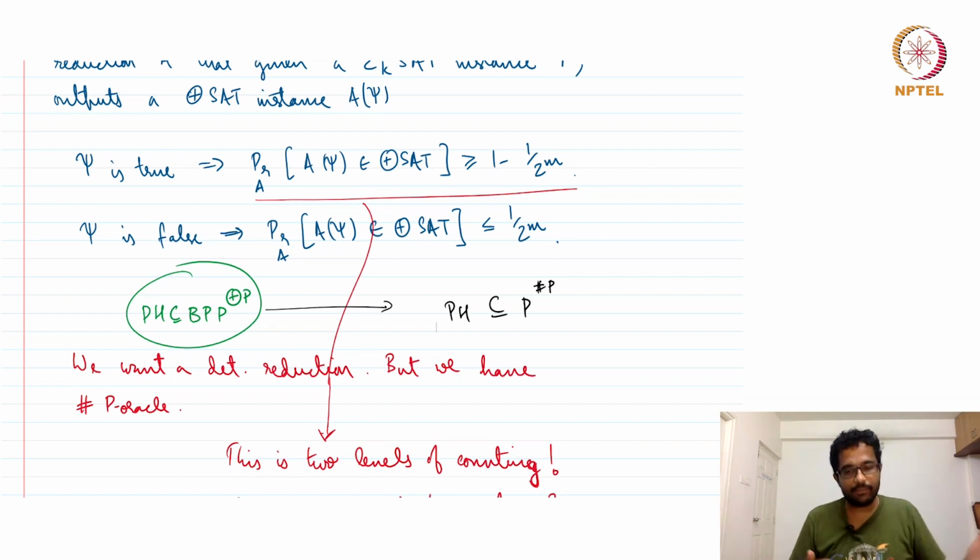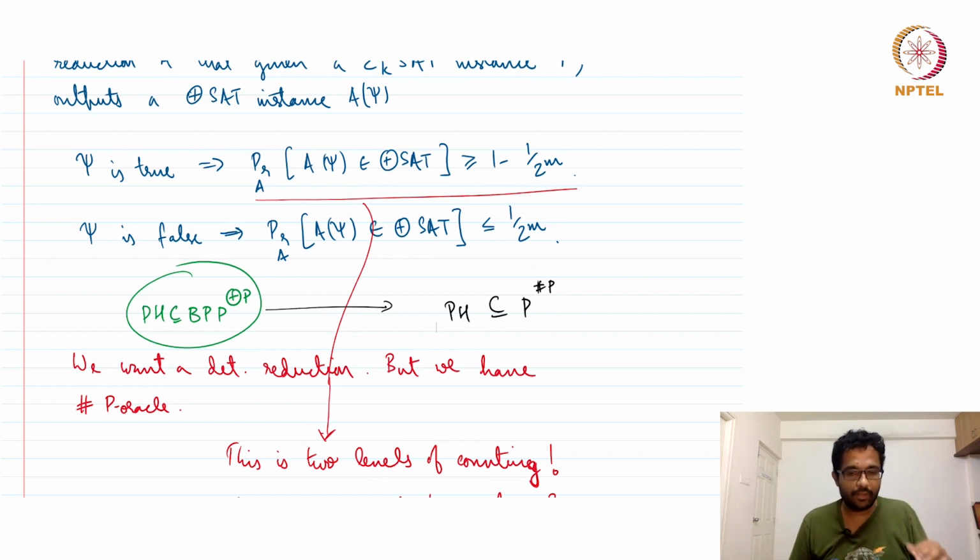So if you had another machine to count how many of these choices lead to an odd parity, then we could do that. So basically, to count the number of satisfying assignments of A psi, we need one level of counting, and then apart from that, we need another level of counting to count the number of A psi, or the fraction of random choices that lead to A psi being accepted.